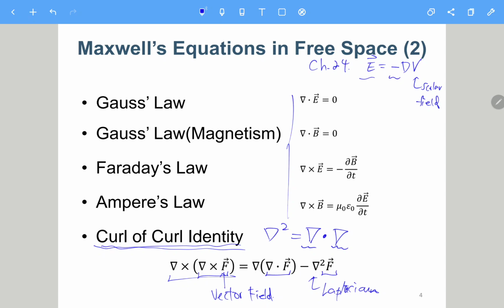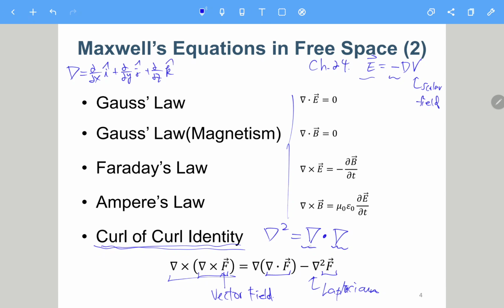So in Cartesian coordinates, if you still remember, the gradient is partial x, I hat, plus partial y, j hat, plus partial z, k hat.